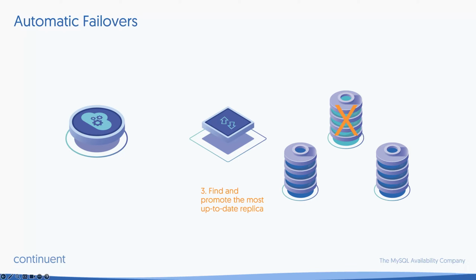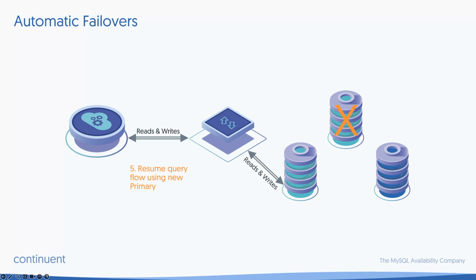The managers will then vote and elect a replica to be the new primary, using the rules-based system to make the decision based on various factors such as which node is most up to date and which is the quickest to promote. The replicator is promoted to be an extractor and the node is marked as a primary, at which point the connector will start to allow new connections. Resuming the query flow, if the connector was holding existing connections, these would now automatically resume and be connected seamlessly to the new primary.